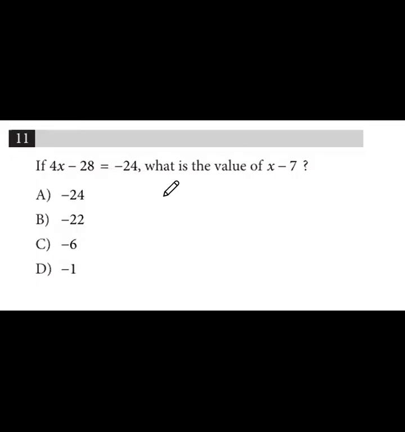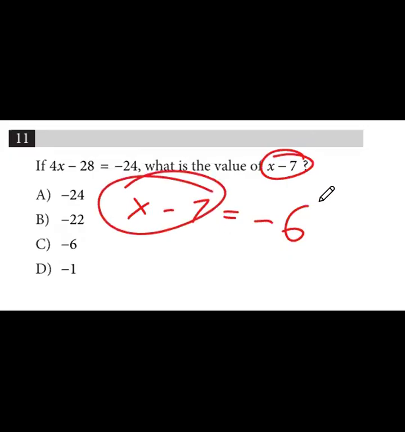Let's just simplify by dividing everything by 4. That gets us x minus 7, and negative 24 divided by 4 is negative 6. So what is the value of x minus 7? x minus 7 equals negative 6. So the correct answer is C.